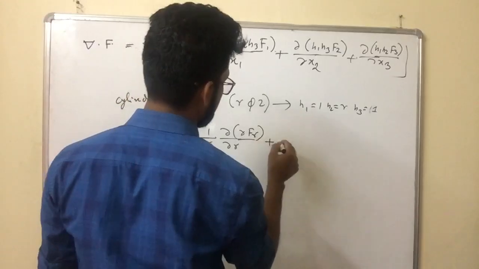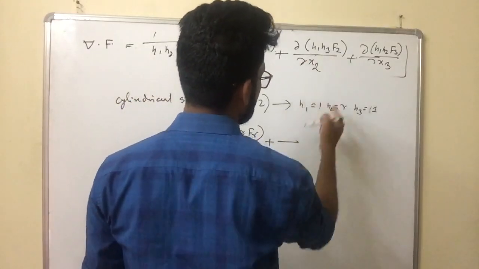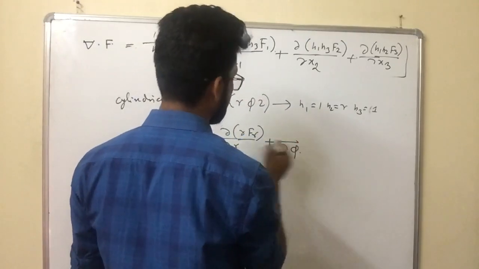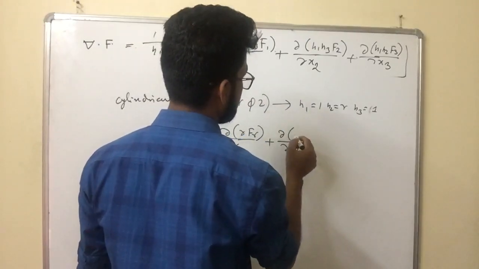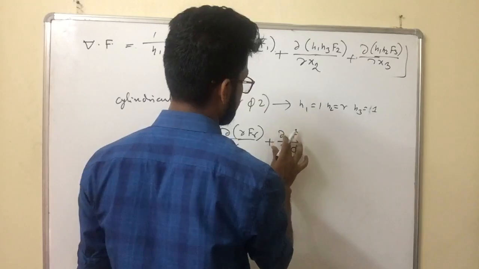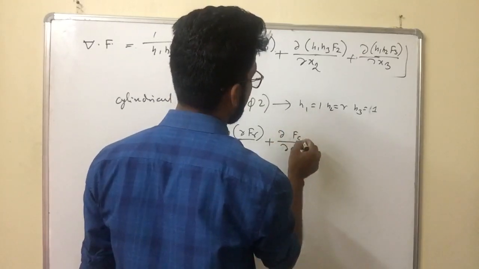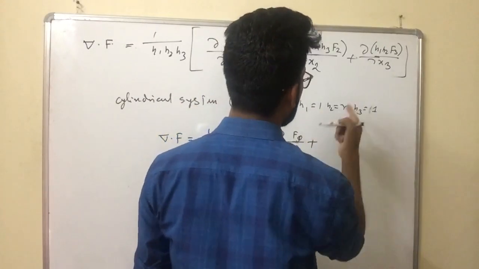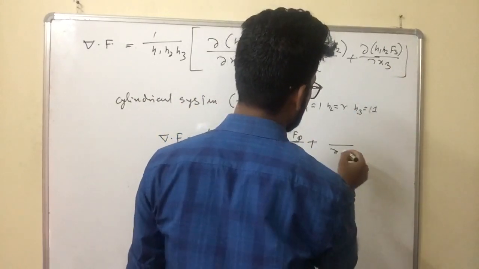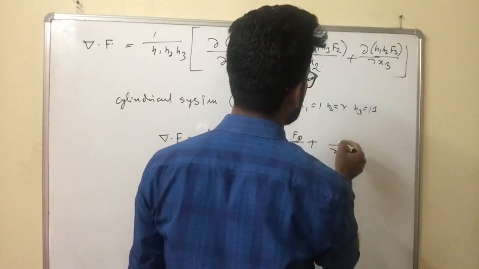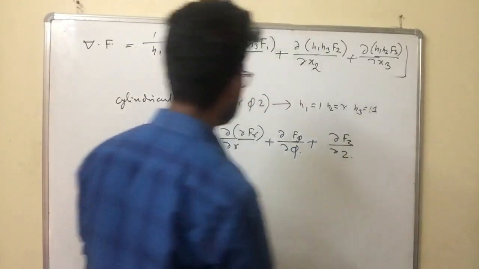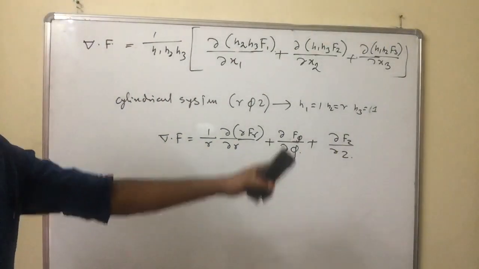Next, 1 and 2, r, phi, r will be cancelled out, d F phi by d phi, plus d by dz, r will come out, d F z by dz. Is it okay? It's a very easy formula to remember.